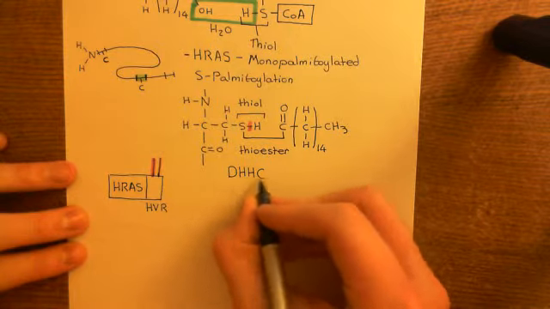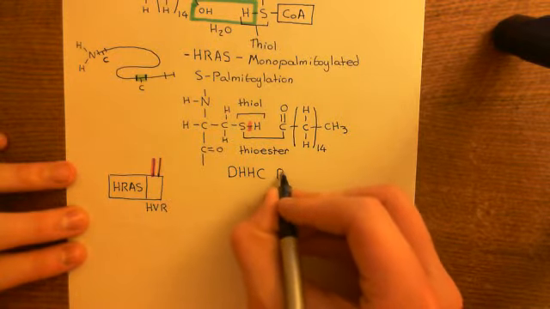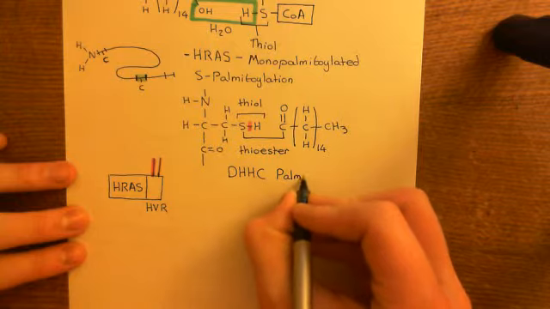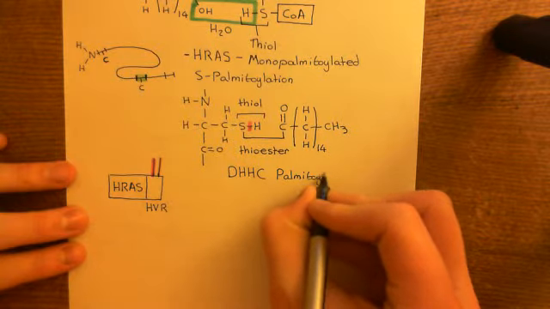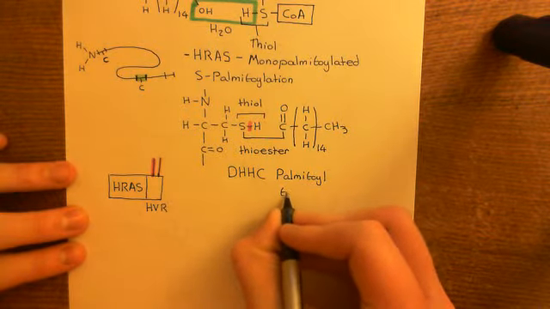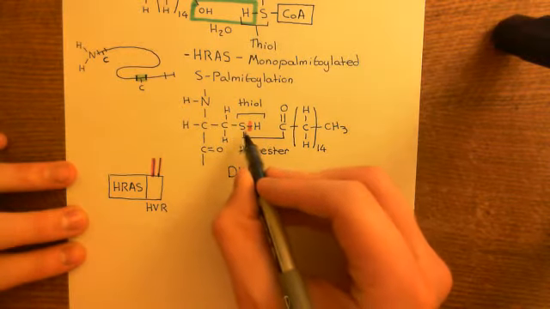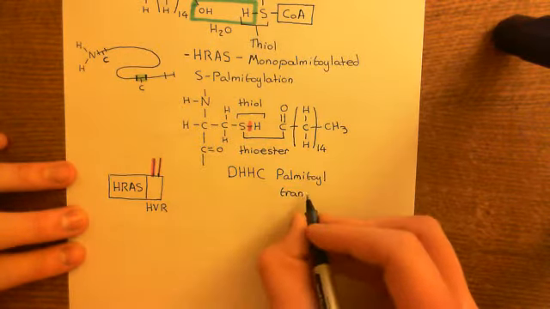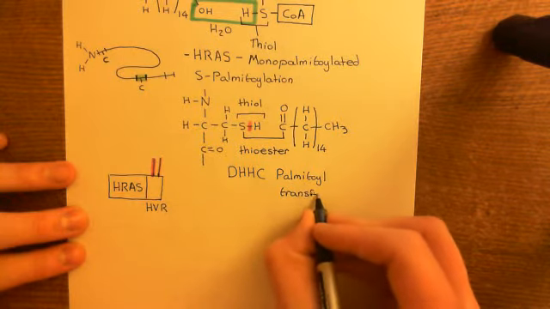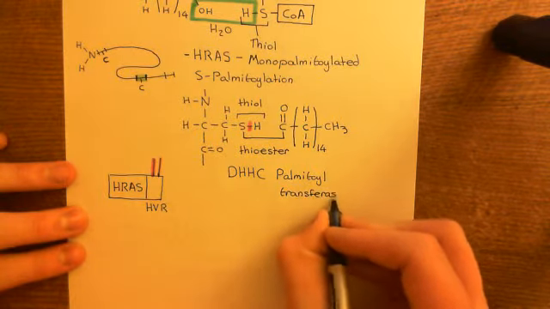This family are all palmitoyl transferases, so they transfer palmitoyl groups, and they're specifically S-palmitoylation enzymes, so they transfer palmitoyl groups onto the thiol groups of cysteine residues.